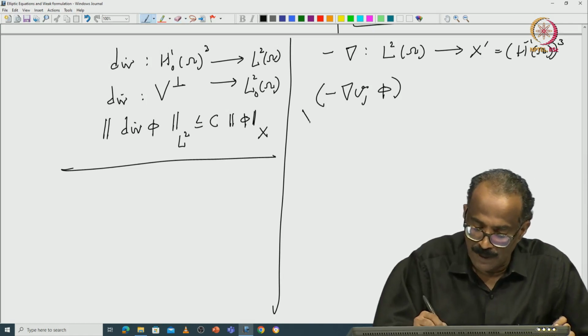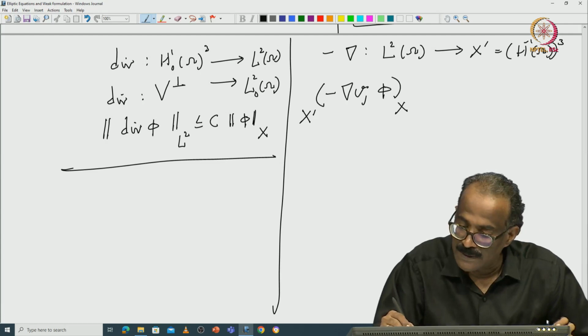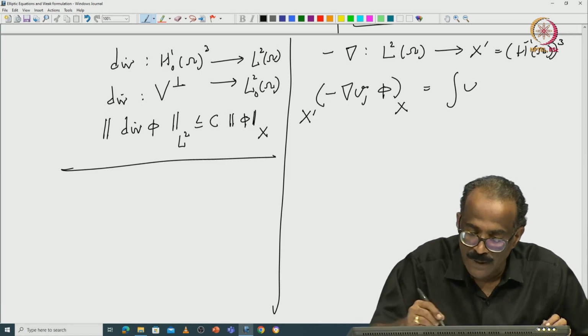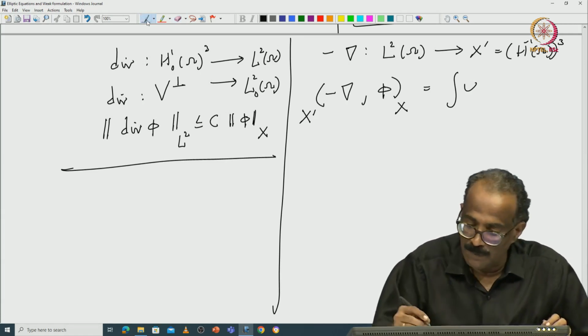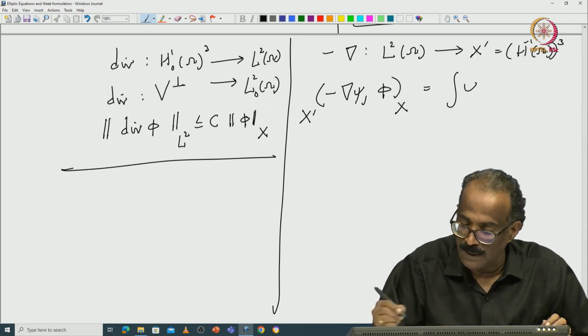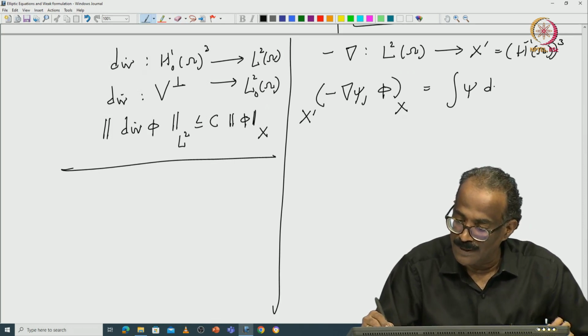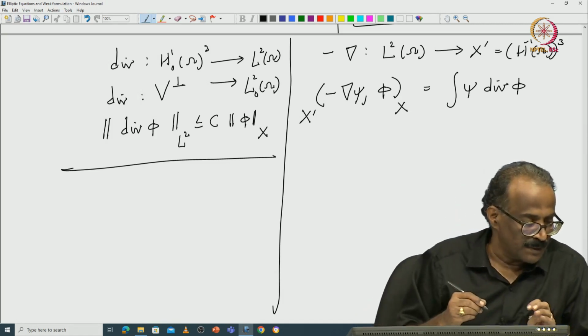This is in X prime, this is in X, and this is nothing but the integral of psi times divergence of phi. Let me not use the V here. This is the definition basically. You can treat it as a definition of that one.